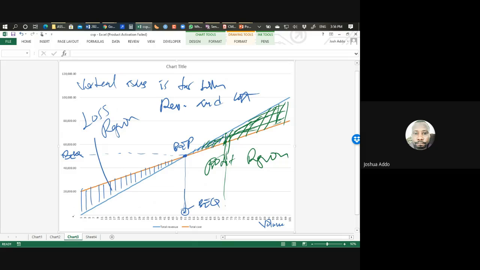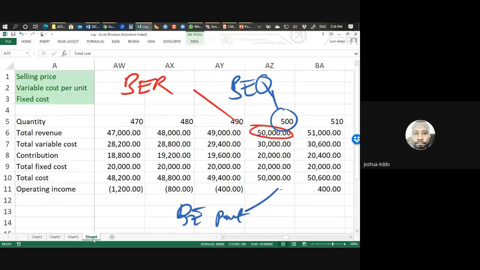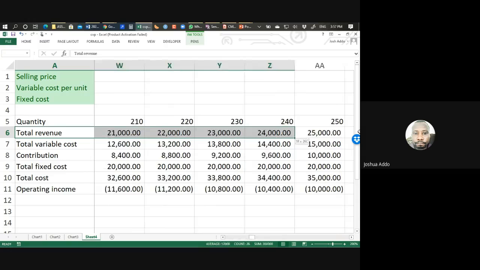If we want to add other inputs, other variables to the equation, we just did total revenue, total cost. You can also do other things, so let's pick them and see. We can experiment with many things. So total revenue, let's select total revenue.